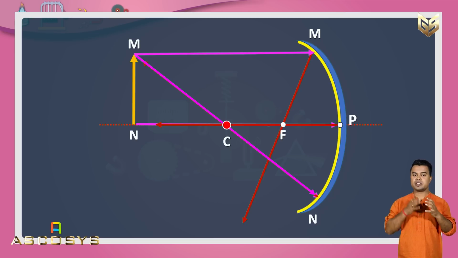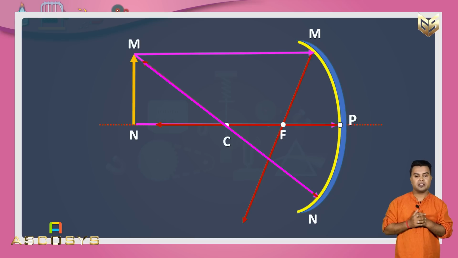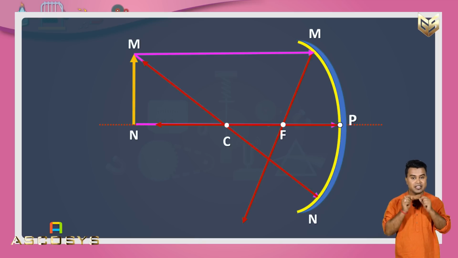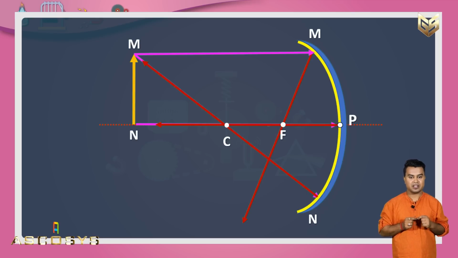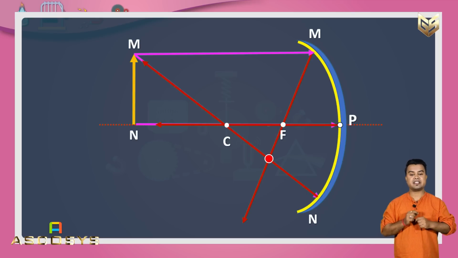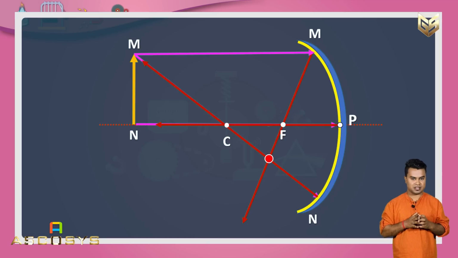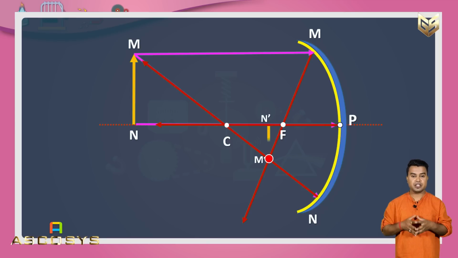If the ray passes through the center of curvature, the reflected ray comes back through the center of curvature only. Now, you have to see at which point these two rays are intersecting. If you see, these two rays are intersecting between center of curvature and focus. So, that is where the image will form.